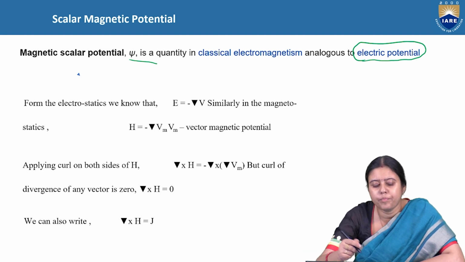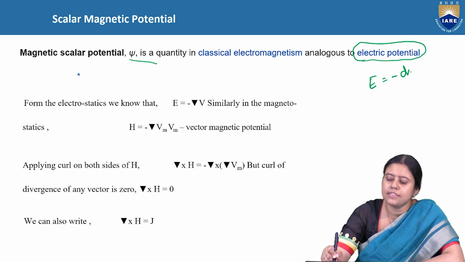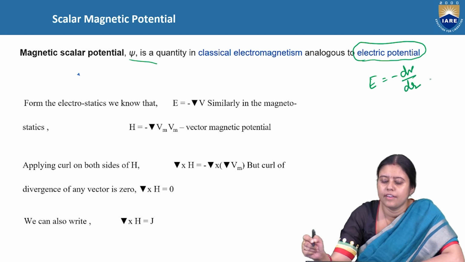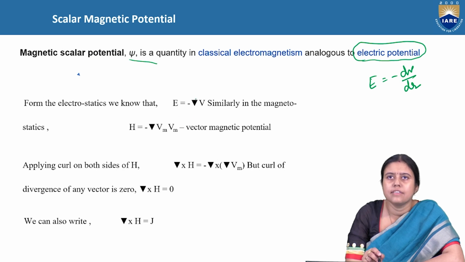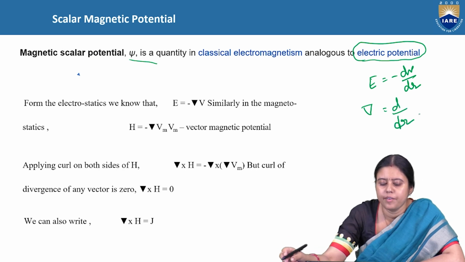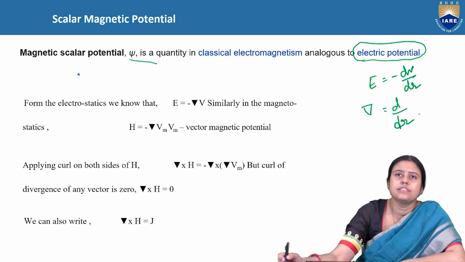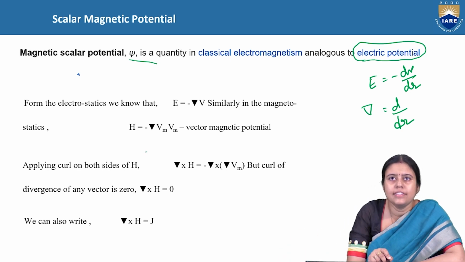In the electric potential, we know E is equal to minus dV by dr, or we can write E is equal to minus grad V. What is grad? Grad is nothing but the d by dr. Similarly, for the magnetic potential, H is equal to minus grad Vm.